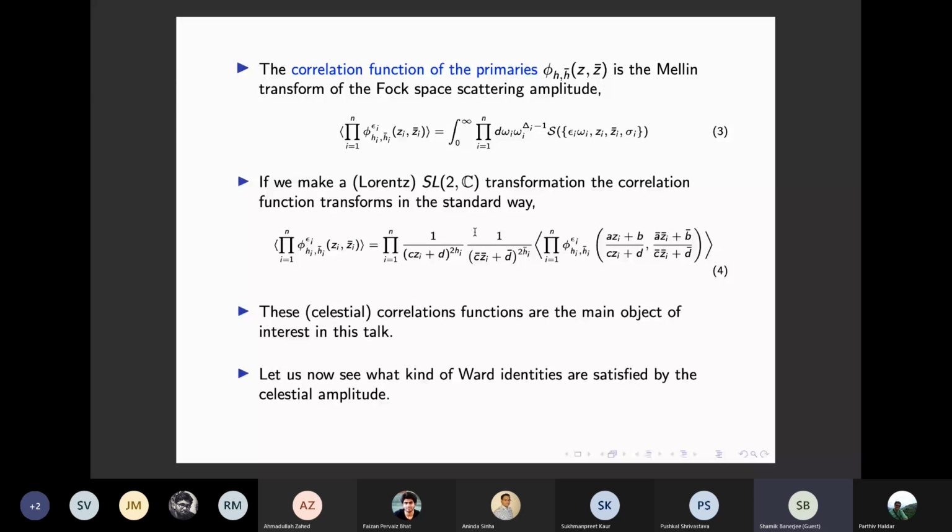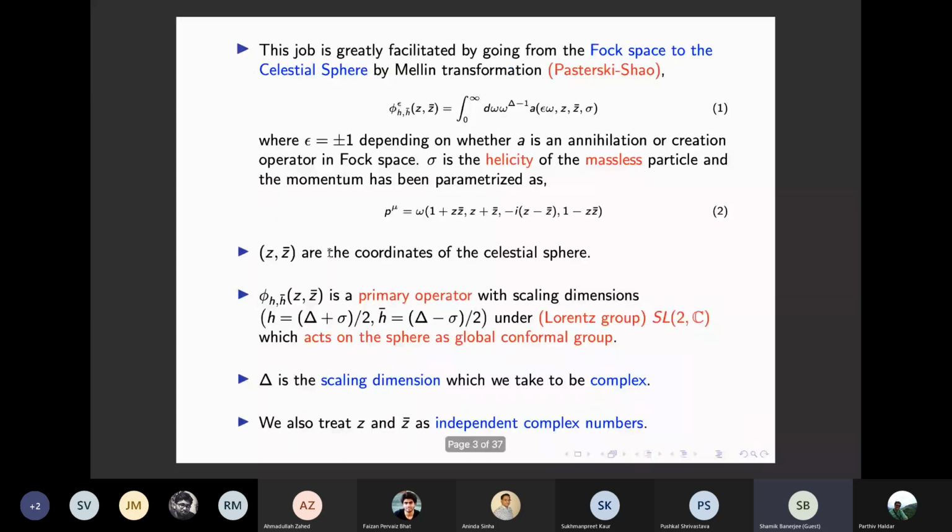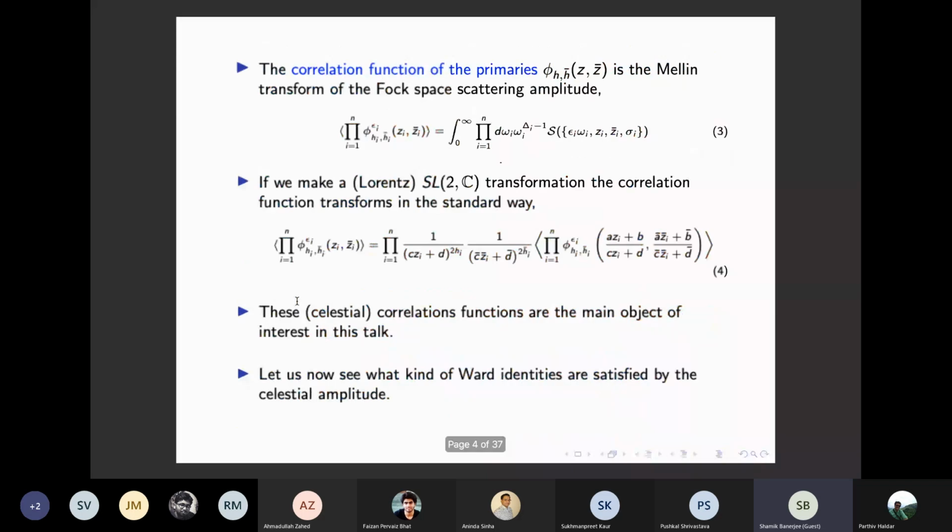This is the standard transformation law, and this h and h bar, as I said, are the conformal dimensions of this field phi. And this factor comes from dw dz to the power h.